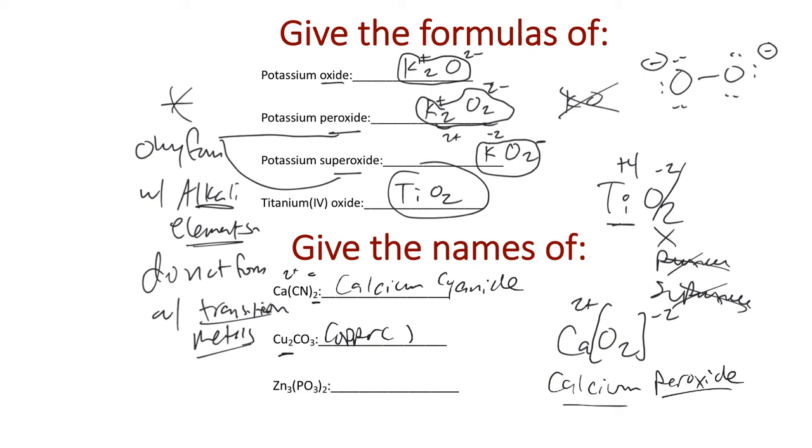Is that copper 1 or is that copper 2 carbonate? Carbonate's a 2 minus, so that means copper has to be a +1 to balance out the 2 minus. So it's copper 1 carbonate. Again, the 2 isn't indicating the number of copper, it's indicating the charge of copper.